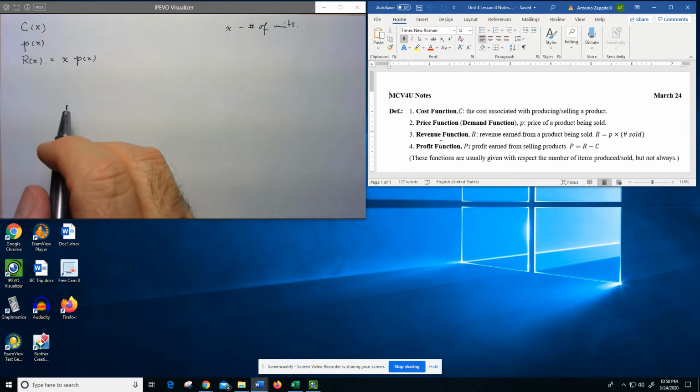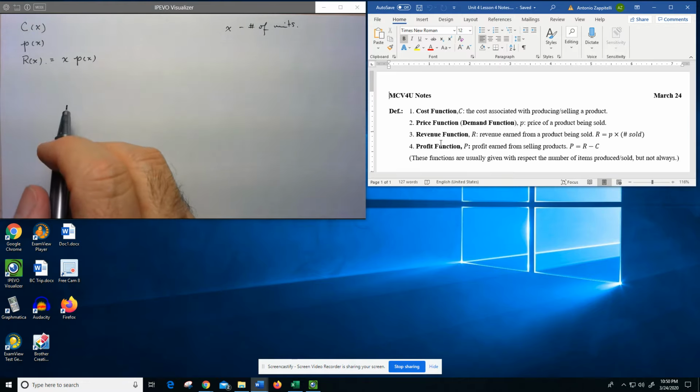All right, and then finally we have the profit. So how much money do you make after you've paid off all your costs? And this profit function is just a combination of revenue and cost. It's just the revenue function minus the cost function. So how much money have you brought in, subtracted by the amount of money that you've paid out to produce those items.